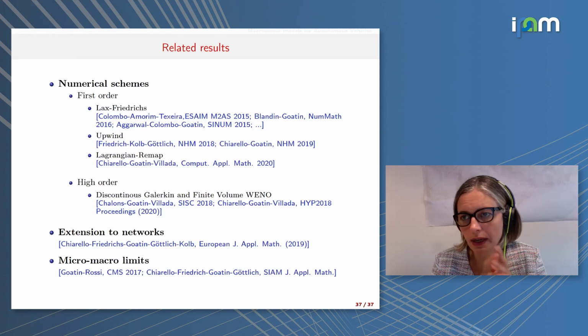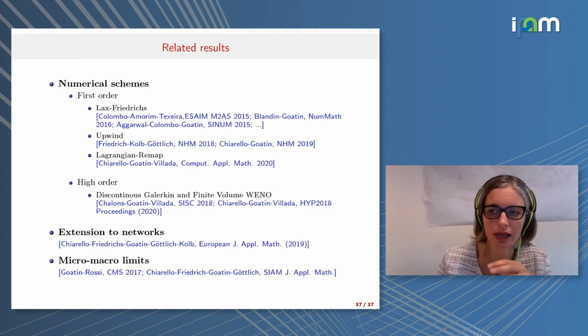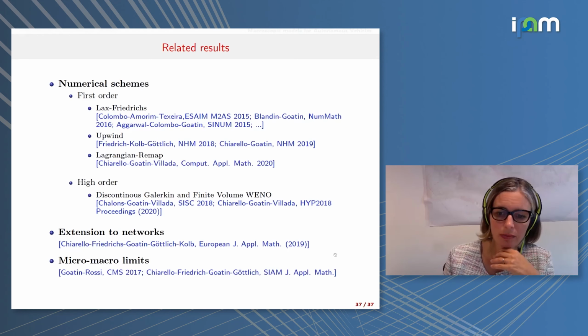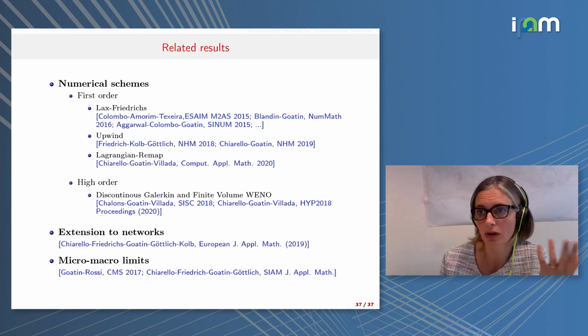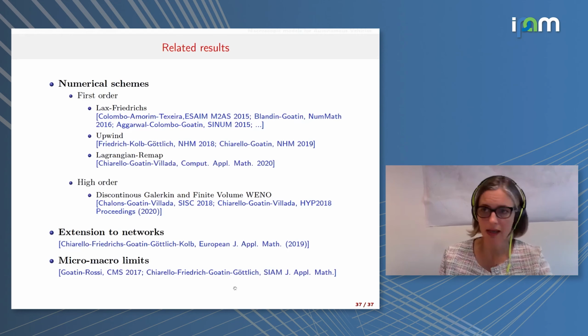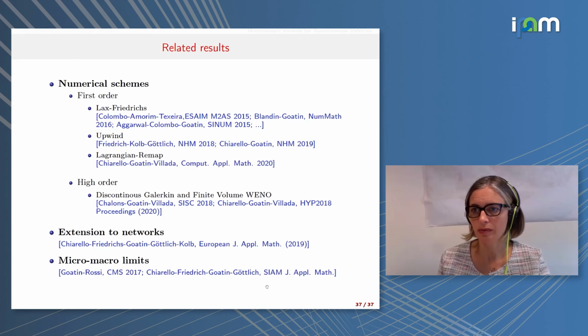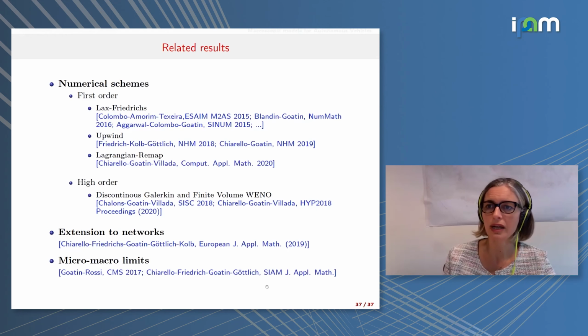So given a micro dynamics, how you can derive these macro models. And in particular, in this paper we also show that you can derive a second order non-local model from a micro dynamics. So I guess that I can stop here, because I finished my slides anyway.